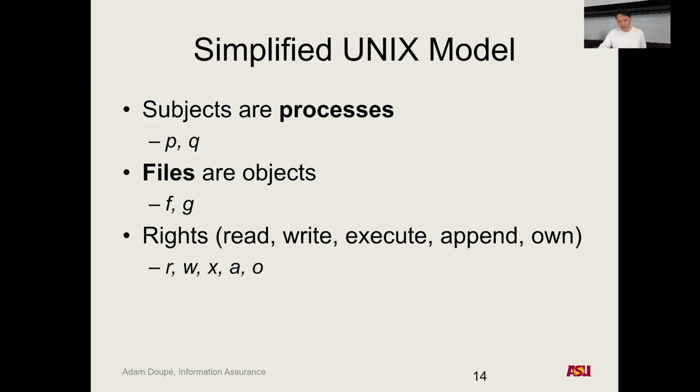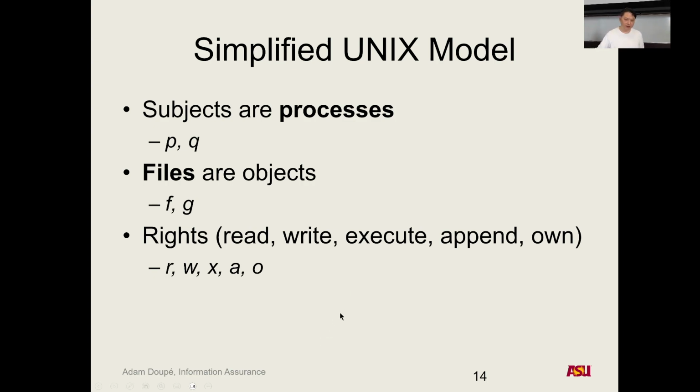The Linux or Unix model is a fundamental access control mechanism. In there, we can learn the basics of access control. So we will take a look at this Unix or Linux access control model.